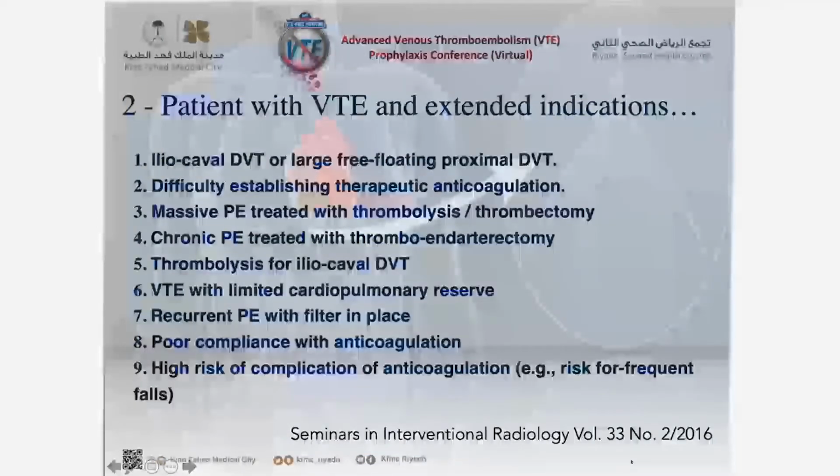These include iliocaval DVT with large free-floating proximal DVT, difficulty in establishing therapeutic anticoagulation, massive PE treated with thrombolysis or thrombectomy, chronic PE treated with thromboendarterectomy, thrombolysis for iliocaval DVTs, VTE with limited cardiopulmonary reserve, and recurrent PE with filter in place, poor compliance with anticoagulation, and high risk of complication of anticoagulation.